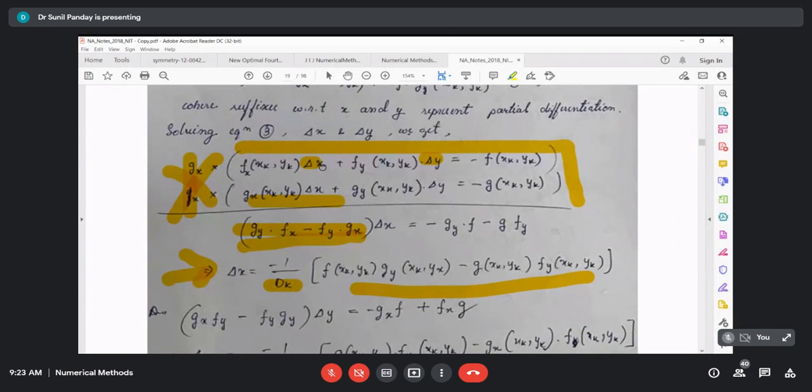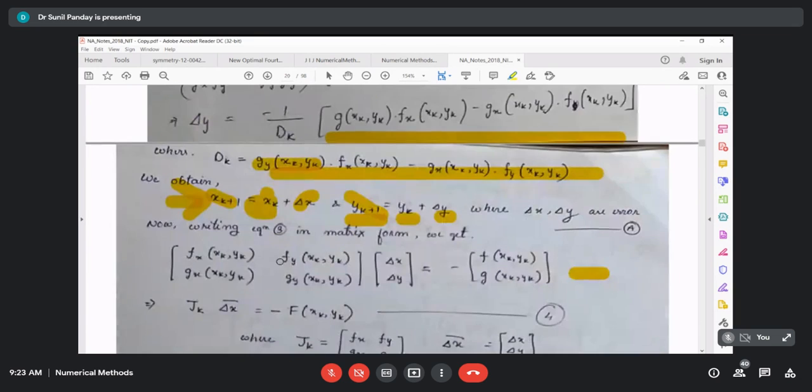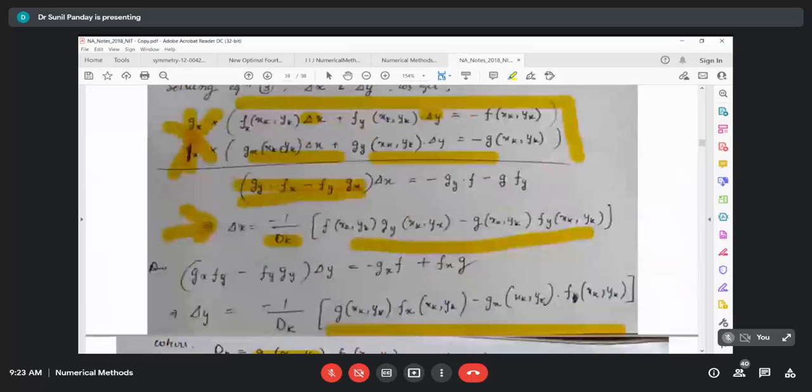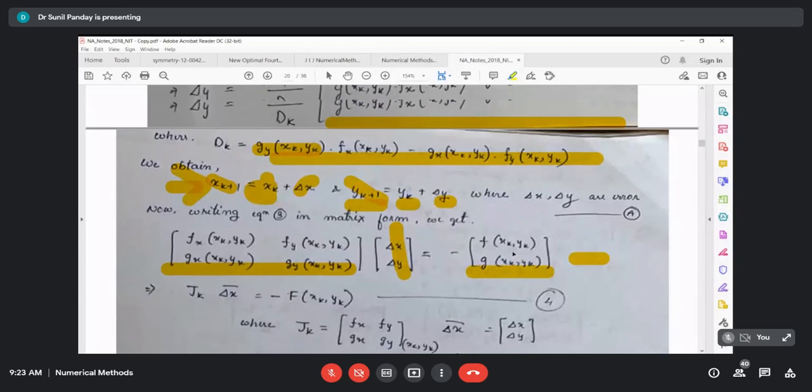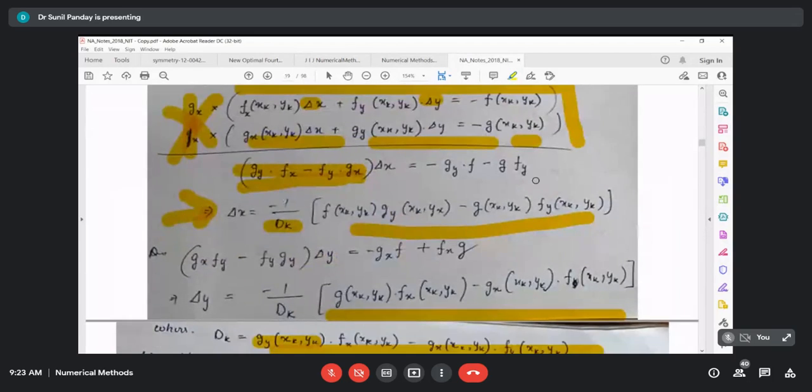So we create a column matrix containing the first entry delta x and the second row entry delta y, and then this is the A matrix and this one is the B matrix. You can see here fx at xk yk, fy at xk yk, gx at xk yk and gy at xk yk. This is the A matrix, this is the variable matrix, and this is the B matrix on the right.